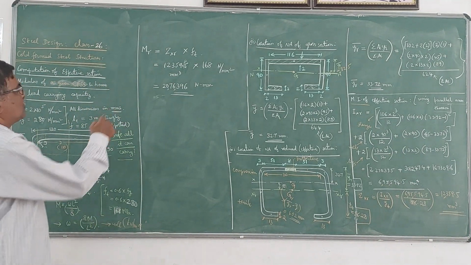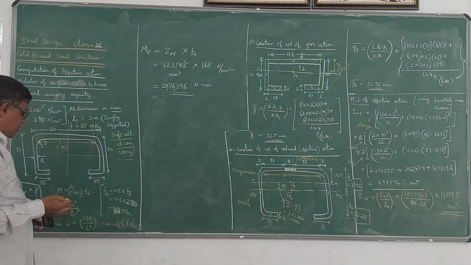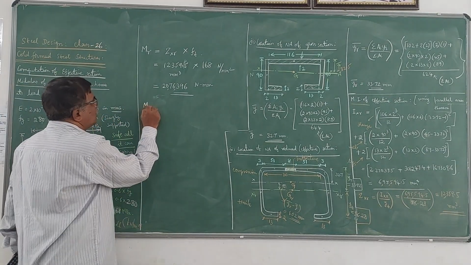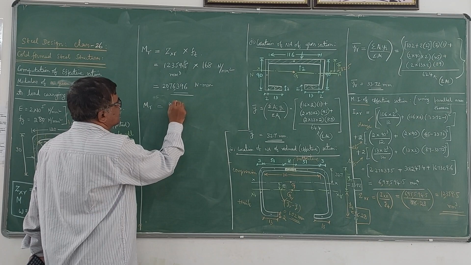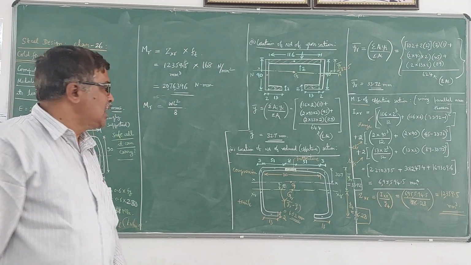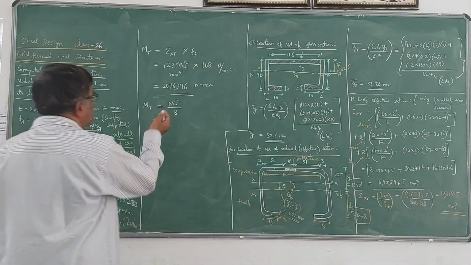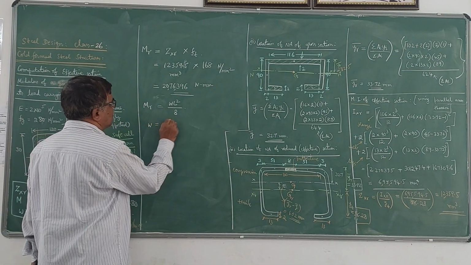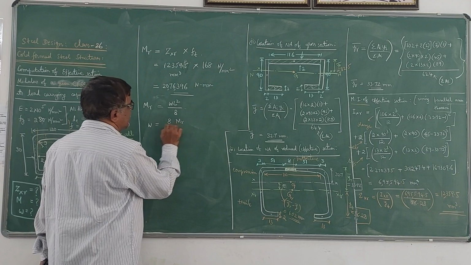Now, once you get this MR value, the next step is to equate it to the maximum bending moment, which is WL square by 8 for a simply supported beam with UDL. Now W is unknown, so W is equal to 8 into MR divided by L square.